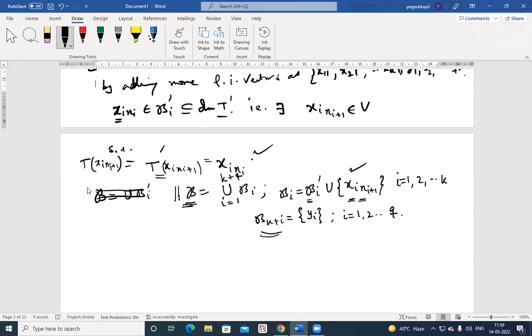I just picked up this set B, which is union of these, where Bi's are containing these elements for i from 1 to K, and B K plus i containing singleton elements, which are Yi's.